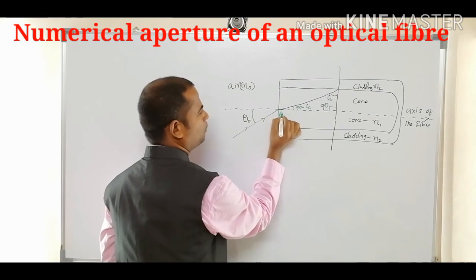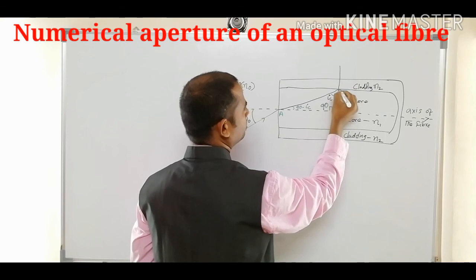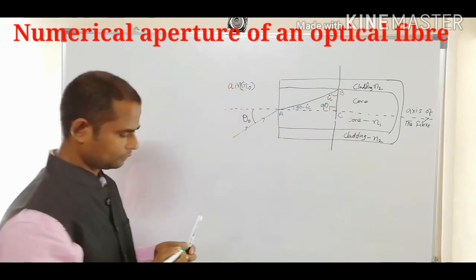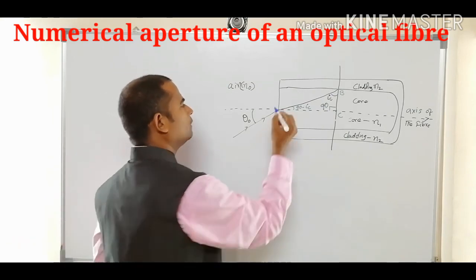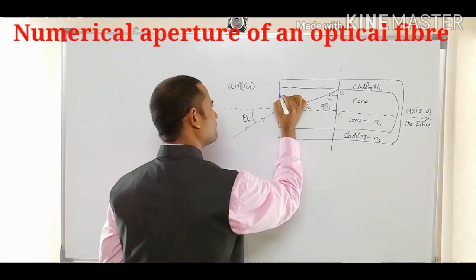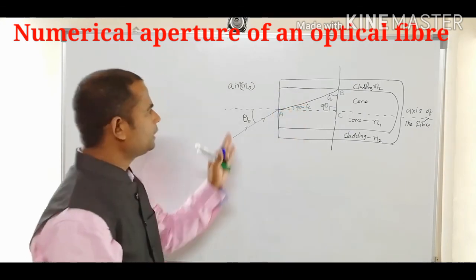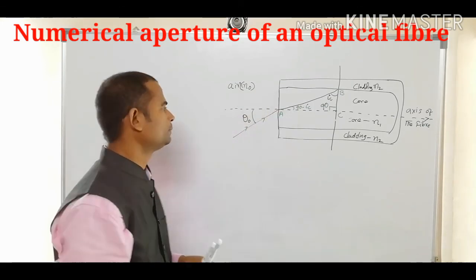Take this as point A, point B, point C. Here the blue line is indicating the interface of rarer medium and core.